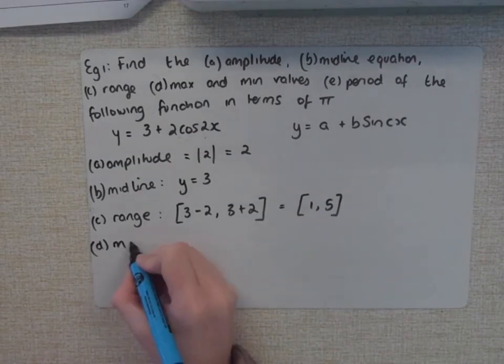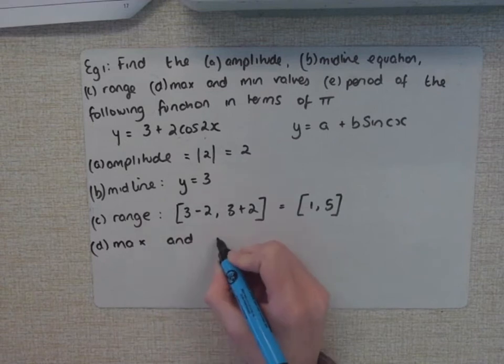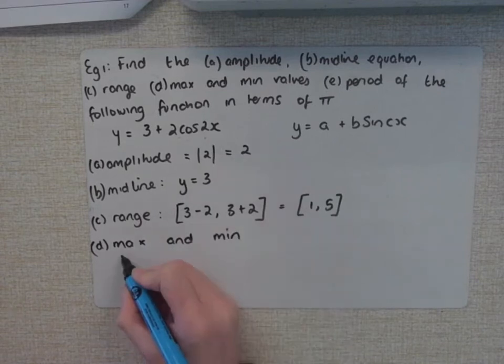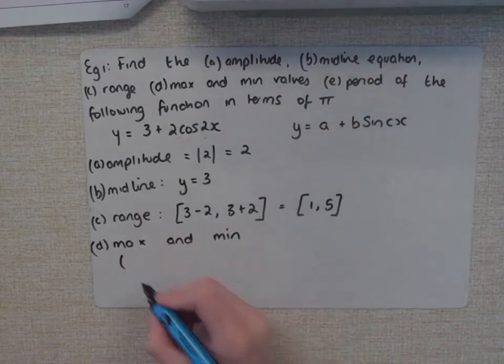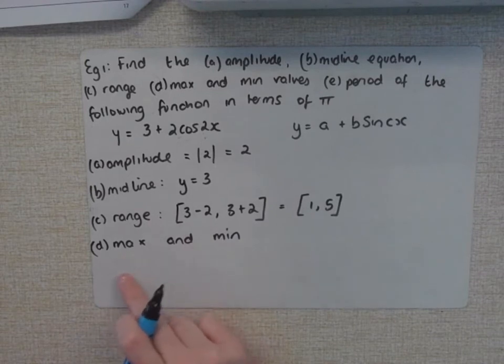From that then, what's my max and min? So my max is 5 and my min would be 1.